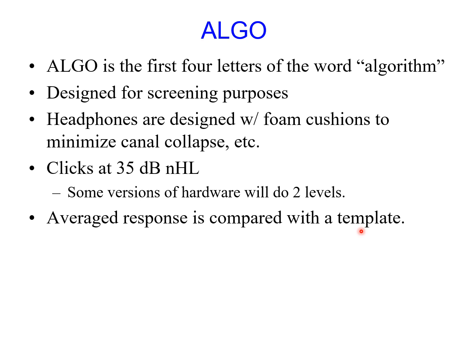So if you are doing ALGO on a newborn, you would use the template obtained from newborns. If you do it on, say, 1 month old infants, you will use a template obtained from 1 month old infants, and so on and so forth. In other words, the recorded averaged waveform is compared to an age-appropriate template.